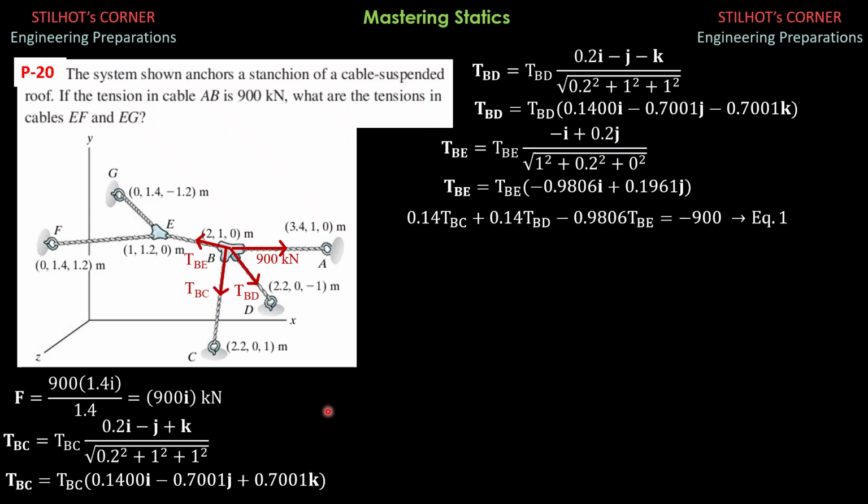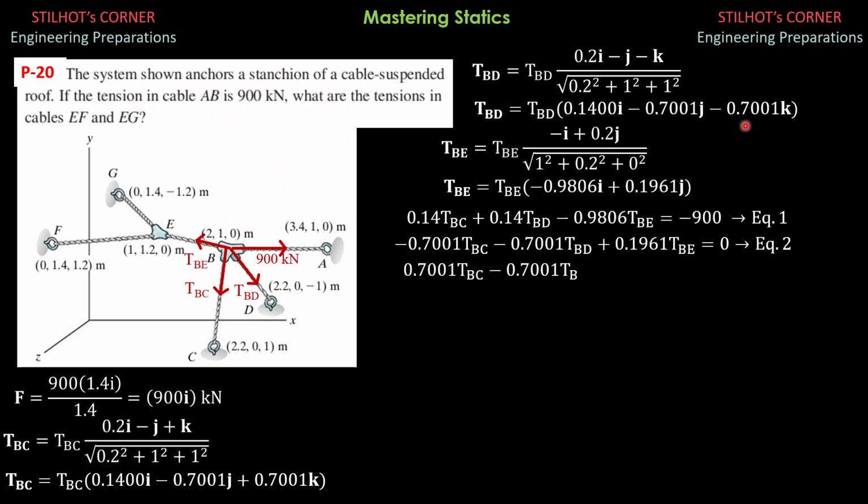For the y component, negative 0.7001 tension BC, negative 0.7001 tension BD, then 0.1961 tension BE equals 0, equation 2. Then for the z component, 0.7001 tension BC minus 0.7001 tension BD, then plus 0 tension BE equals 0, equation 3.